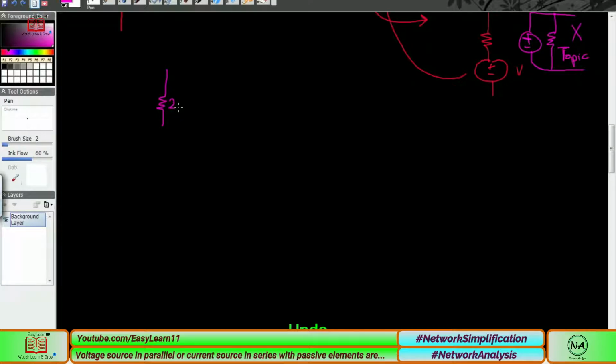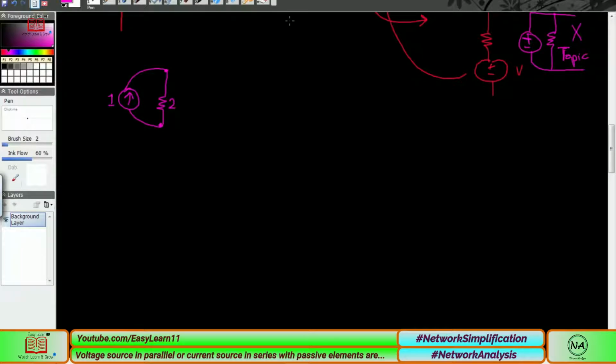It is understood that if 2 is written here, its unit is ohm. From here is the connection of the current source. The current source has 1, which means 1 ampere. If nothing is shown here, it is understood to be 1 ampere.